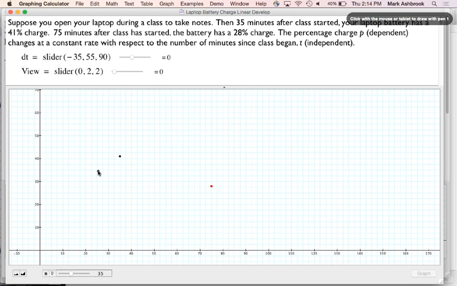Does it represent a 41% charge? Is that what that point represents? No. It's part of it. Where's the 41%? The 41% is here.